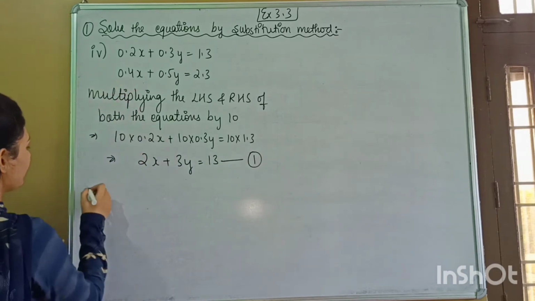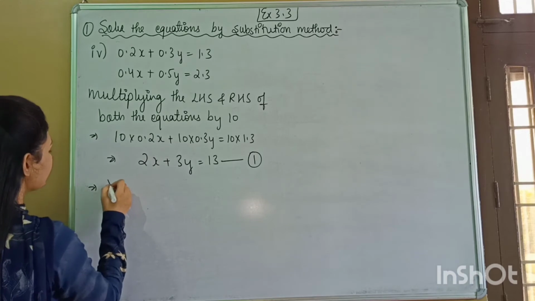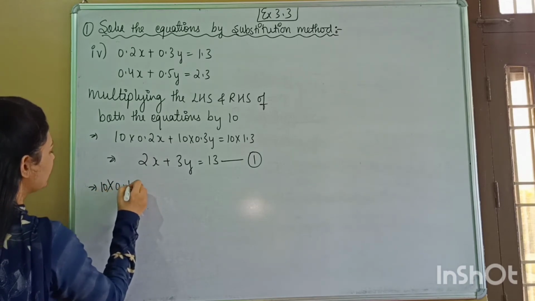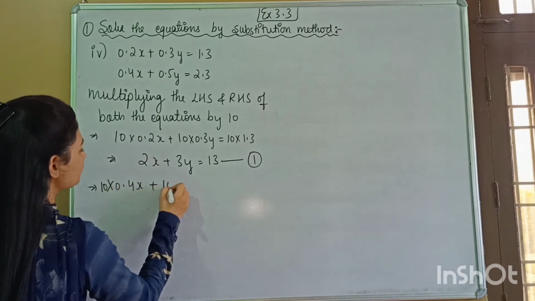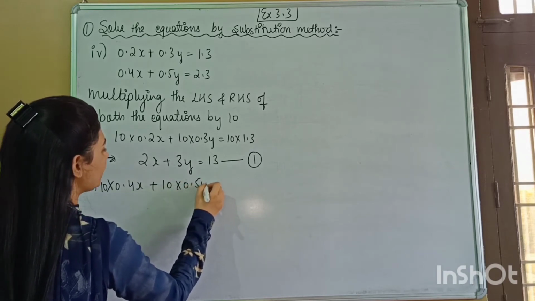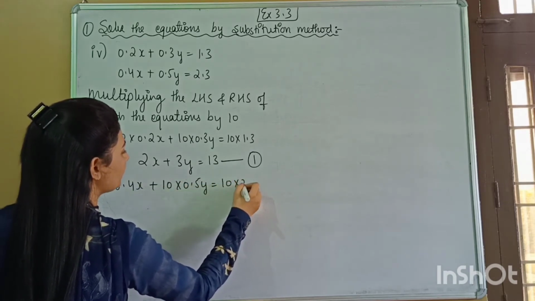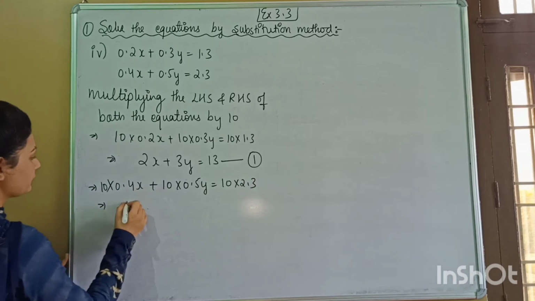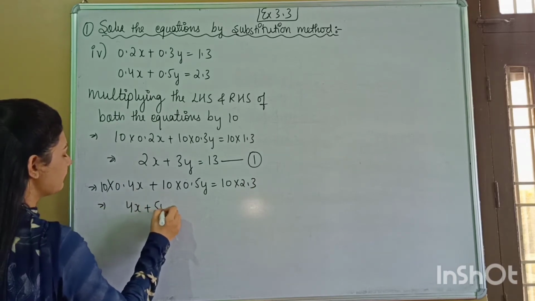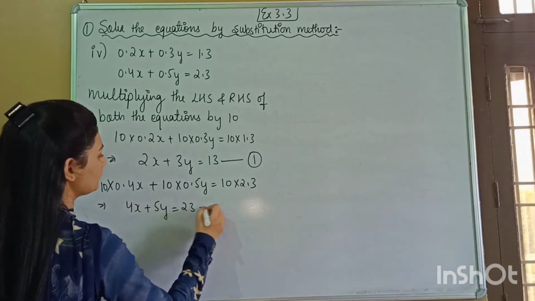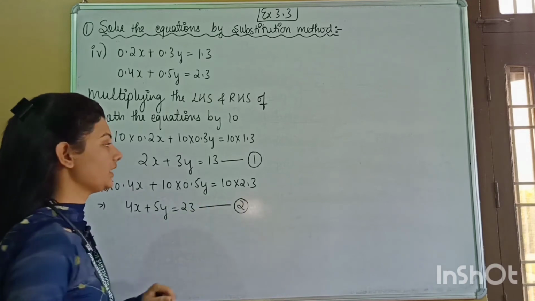Now the same thing we will do in the second equation also. 10 into 0.4x plus 10 into 0.5y is equal to 10 into 2.3. So we get 4x plus 5y is equal to 23, and name this as the second equation.